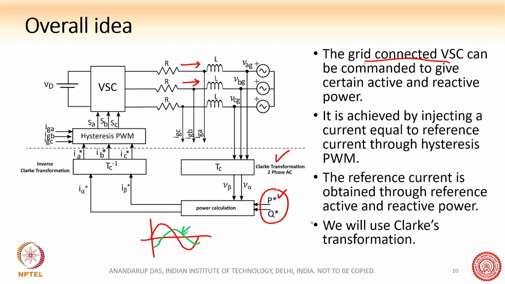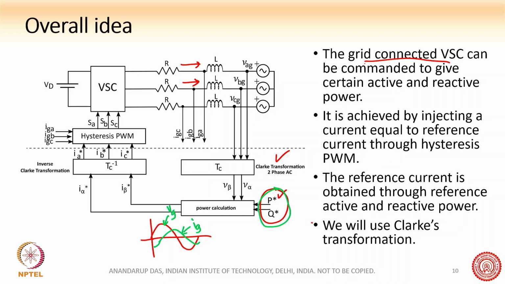This is the IG and this is the VG. So we can control the phase as well as the magnitude of this IG with respect to VG, and therefore we can control P star and Q star. So if I control that IG with respect to VG this way, then I can control P star and Q star, right?